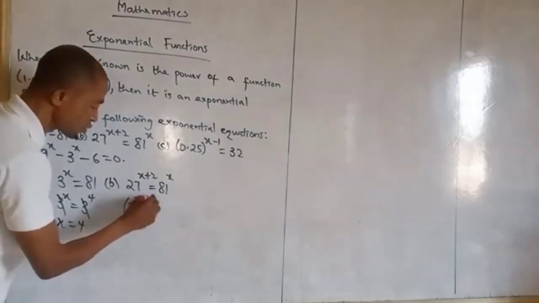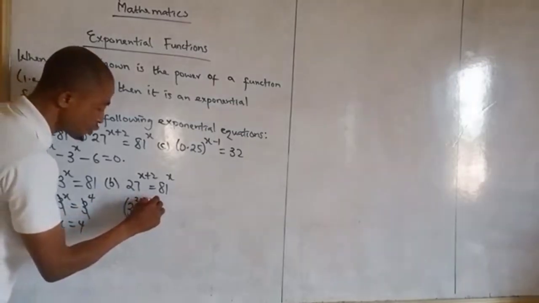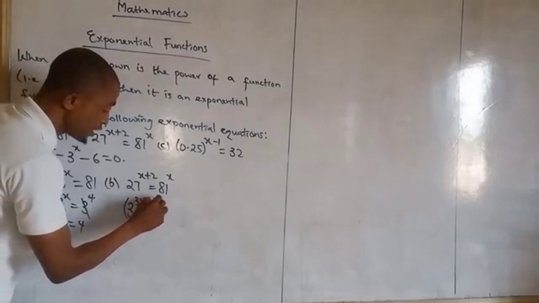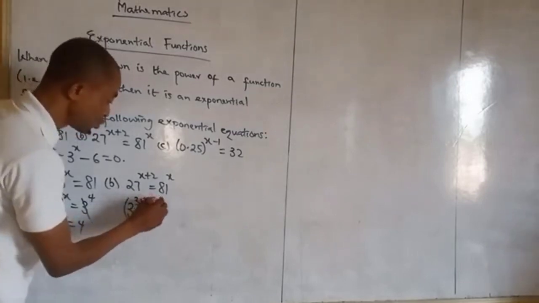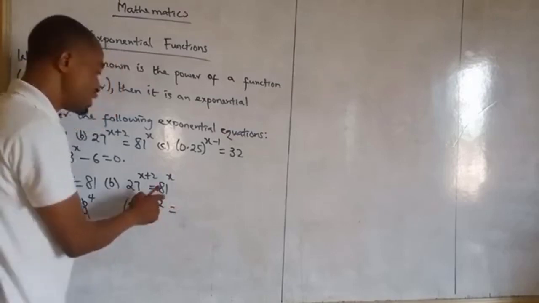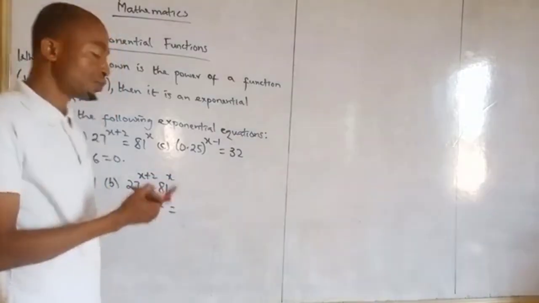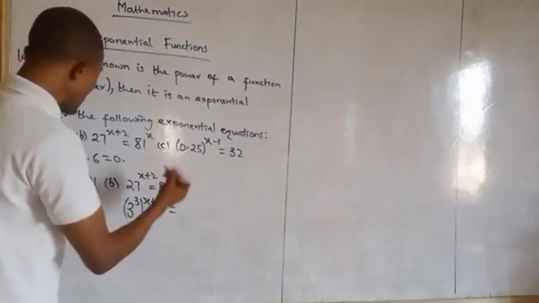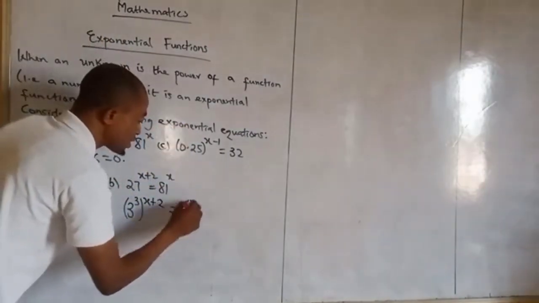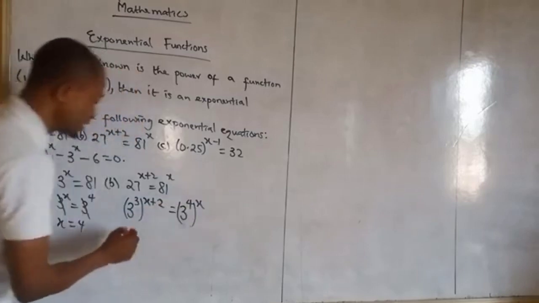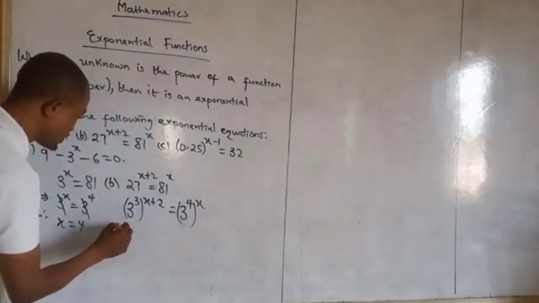Then the power x plus 2, equals 81, which can also be expressed in power of 3, which is 3 to the power of 4 in brackets, then x. So we have to open this bracket.